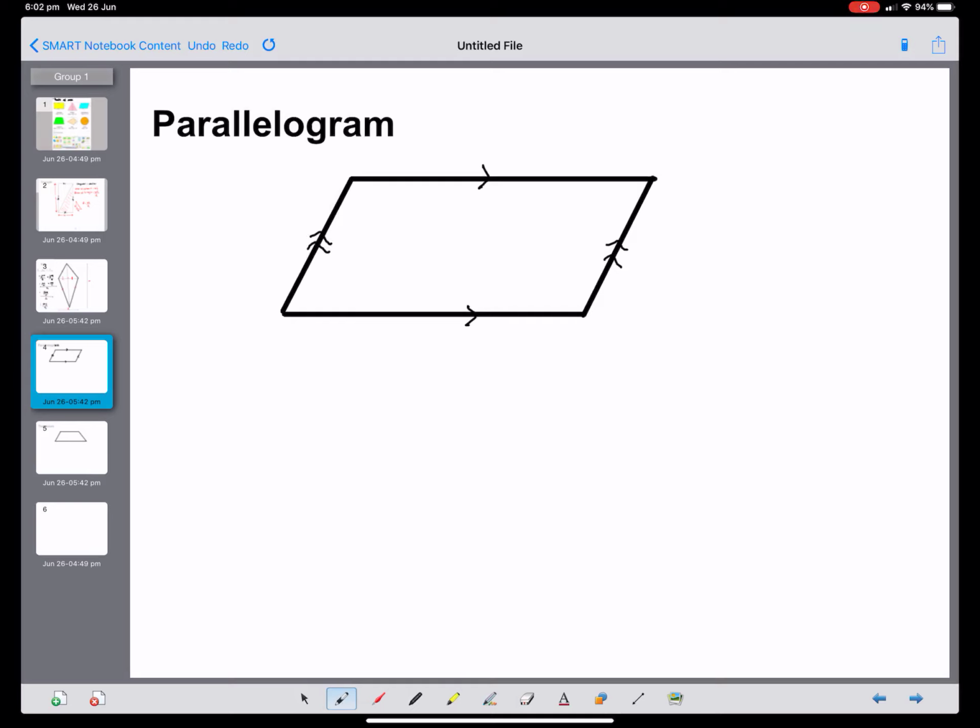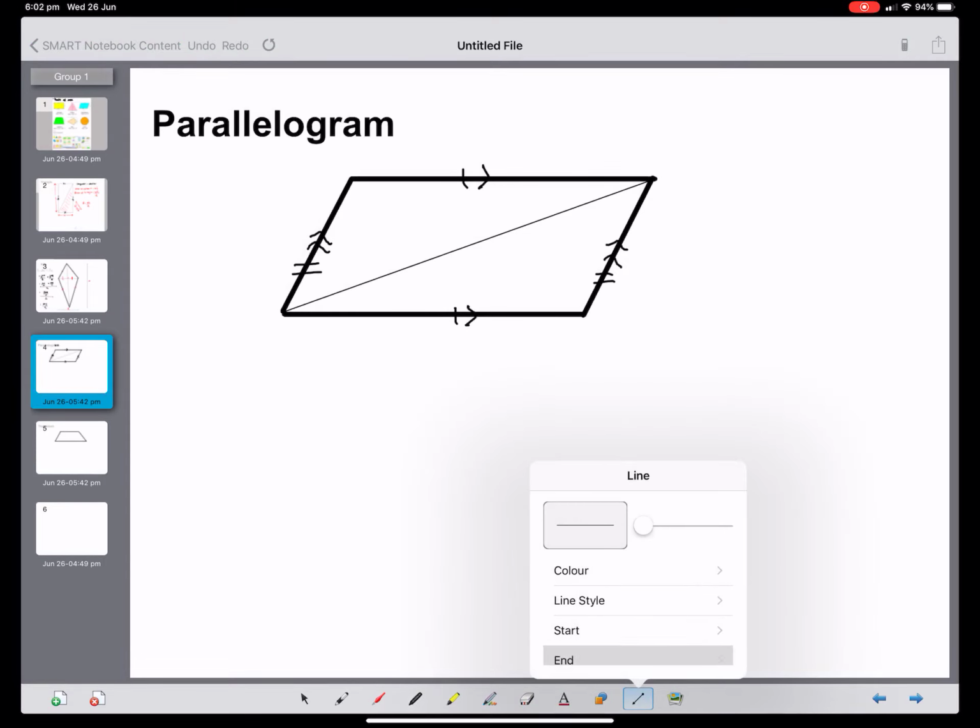If they are parallel, they must be equal. The diagonals of a parallelogram split the shape into two congruent triangles.